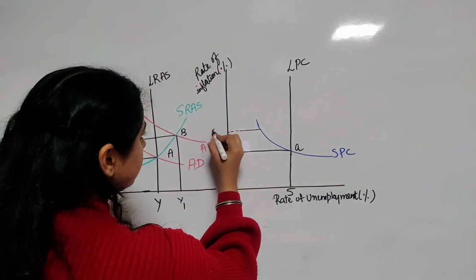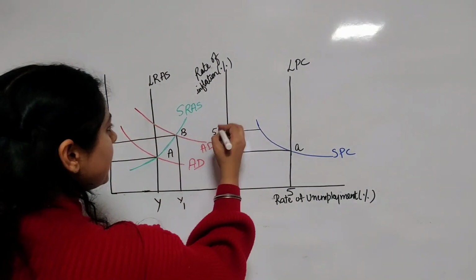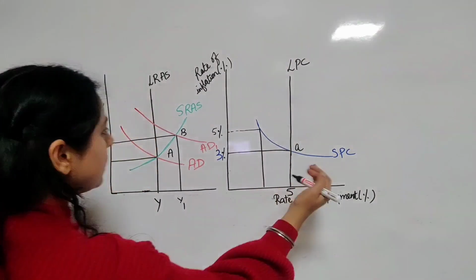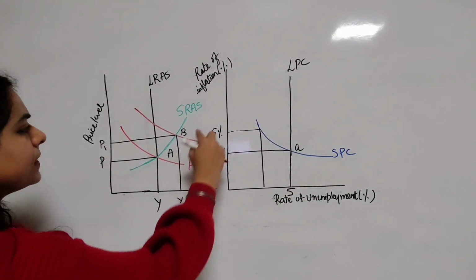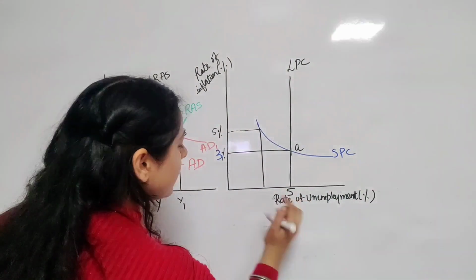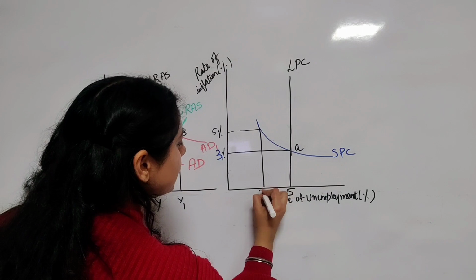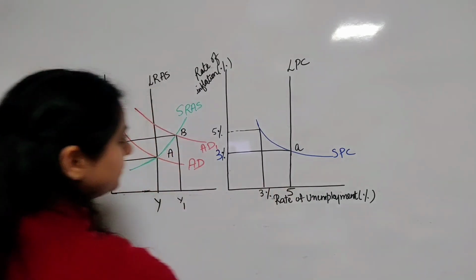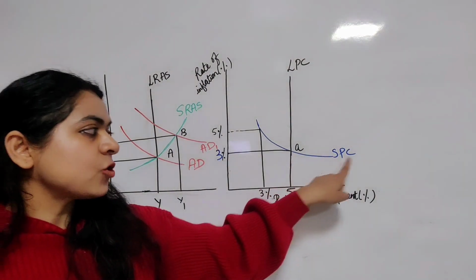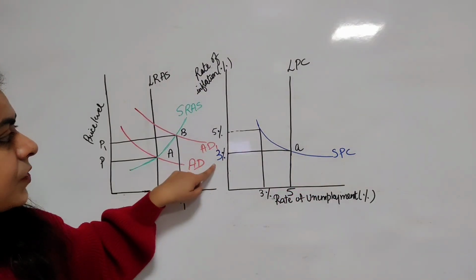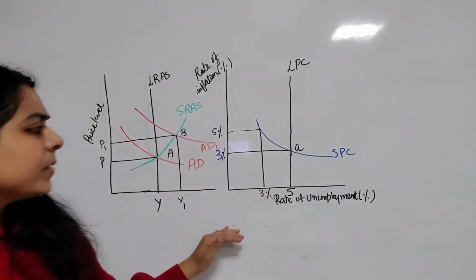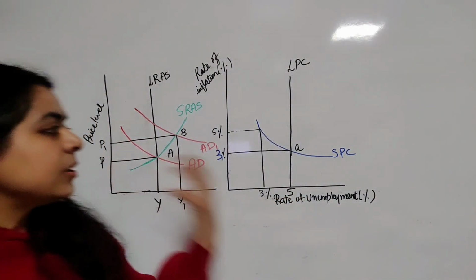So with an increase in price level and an increase in inflation, more workers are hired because of the increase in aggregate demand. So there will be a fall in the rate of unemployment from 5 to, let's say, 3%. This is applicable with respect to the short-run Phillips curve. With an increase in the rate of inflation from 3% to 5%, there will be a fall in the unemployment rate from 5 to 3 in the short run.